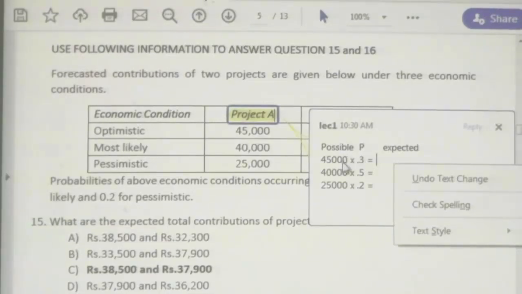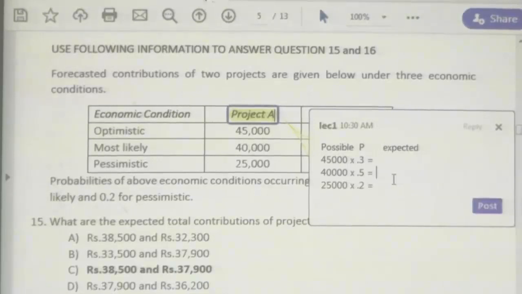30% of 45,000 is 13,500. 50% of 40,000 is 20,000. 20% of 25,000 is 5,000.